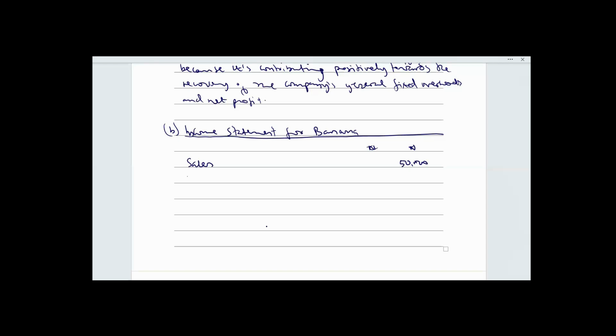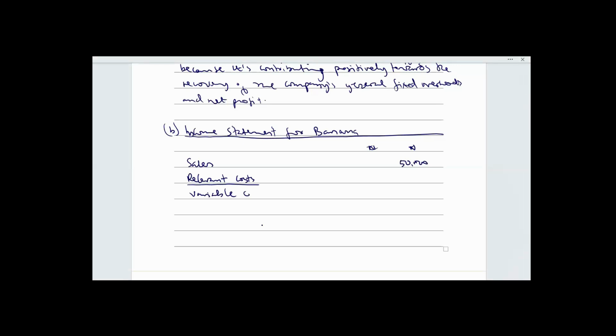So I will compare this with the relevant costs of producing the banana. We are told that variable cost will be 30,000 naira, and an extra direct fixed cost of 6,000.